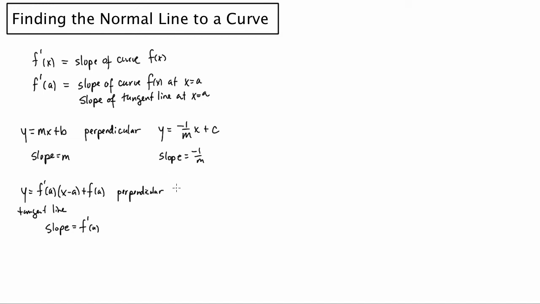Then that perpendicular line will have the negative reciprocal slope. So instead of f prime of a, it'll be negative 1 over f prime of a, times x minus a, plus f of a. This is called the normal line to the curve f of x at the point x equal to a, and you can see that it has slope that is the negative reciprocal of f prime of a.